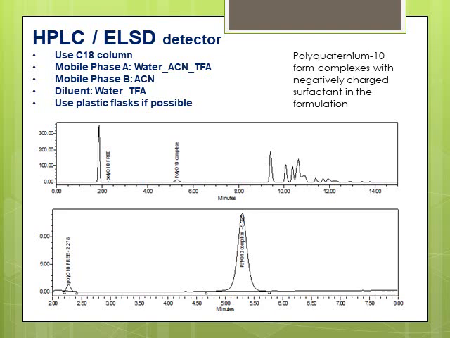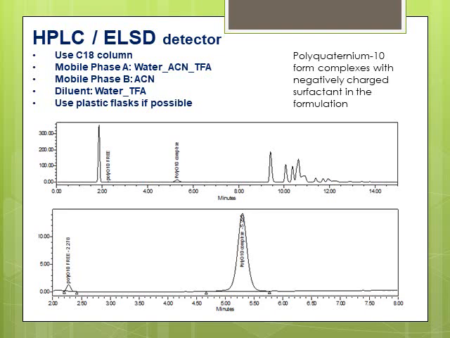It turns out that Polyquaternium has a tendency to create ion pairing agents or complexes with any negatively charged molecule or excipient in the formulation. So if you have a negatively charged excipient in the formulation, which is quite possible, then you will form a complex.